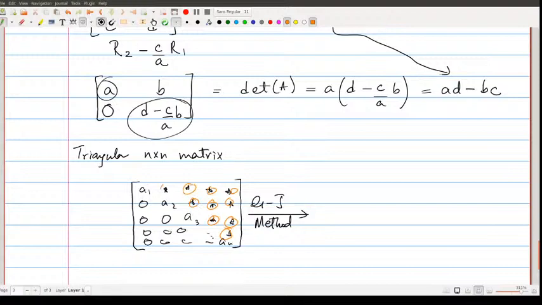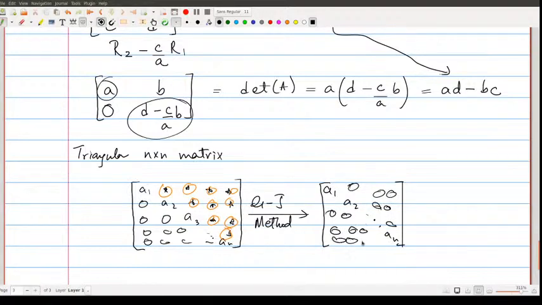That's possible if all of them are non-zero, which means I can use elimination steps to convert this matrix into a matrix that has only the diagonal entries. So the matrix can be converted into A1, A2, and so on up to AN, and all the rest of the entries are zeros. So this is the matrix now.